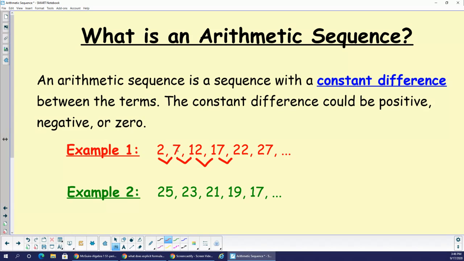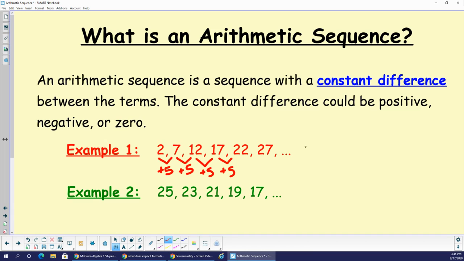So in order to figure out what I have to add or subtract by, I can always take my second term and subtract the term right in front of it. So 7 minus 2 gives me a 5, which means I had to add 5 to get from 2 to 7. All right, 12 minus 7 also is 5. So once again, I have to add 5. 12 to 17, 12 plus 5 is 17. 17 to 22, and you guys get the picture here.